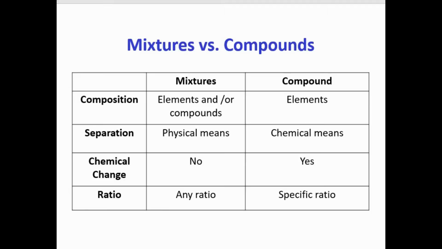To separate compounds into their elements, we need some sort of a chemical reaction. In mixtures, there are no chemical changes. In compounds, there are. With mixtures, you can mix them together in any ratio you so desire. Compounds, on the other hand, are very specific ratios.